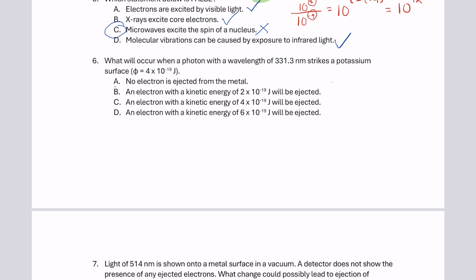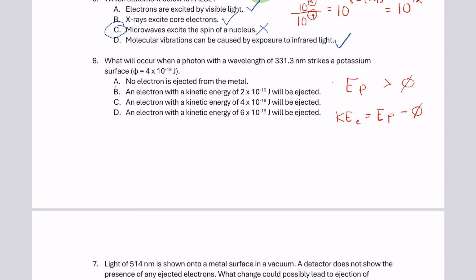The photoelectric effect states that an electron is ejected from a metal surface if the photon's energy is greater than the work function of the metal. Any excess energy after that is going to be converted into kinetic energy of the ejected electron. And we can calculate this as the difference of the photon's energy and the work function.